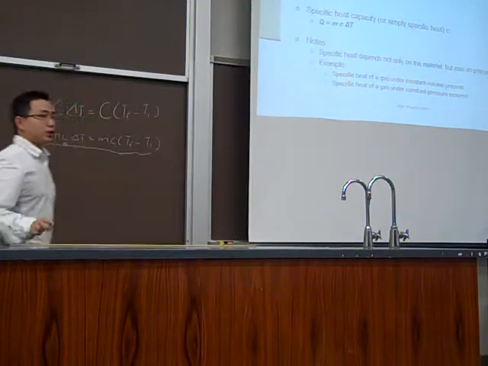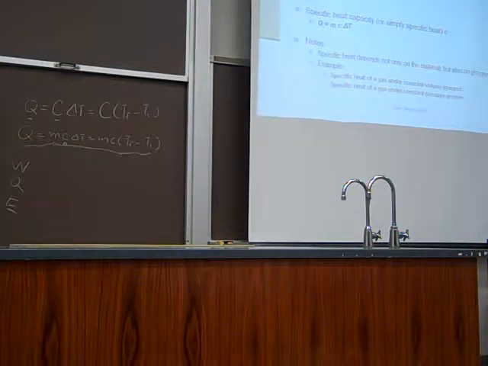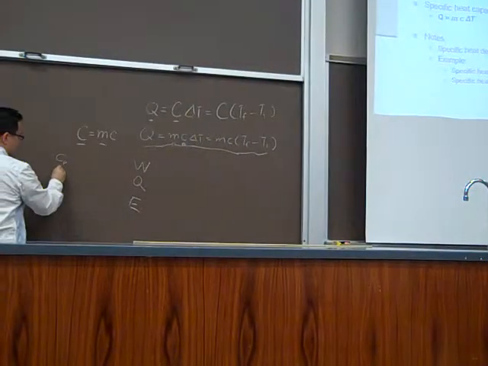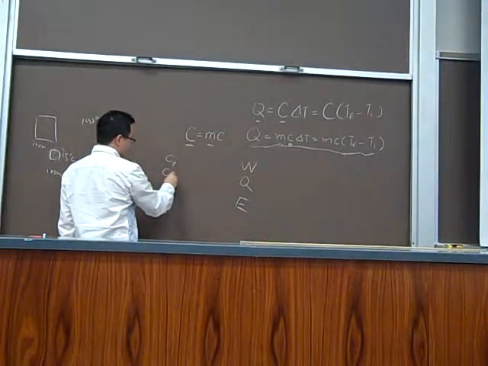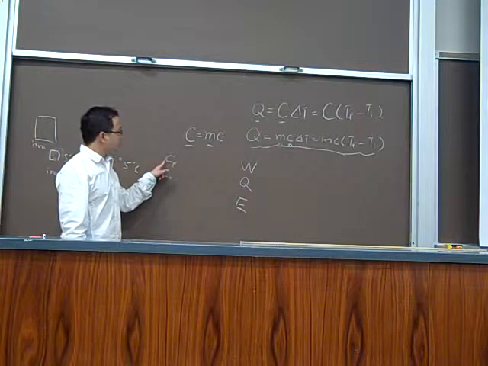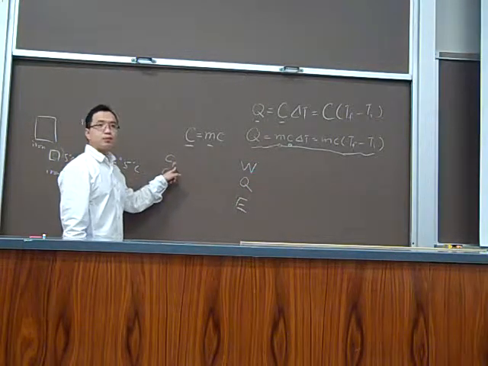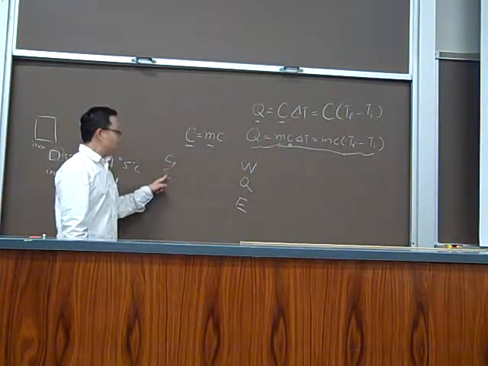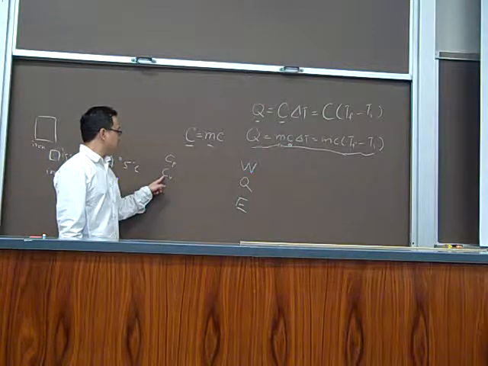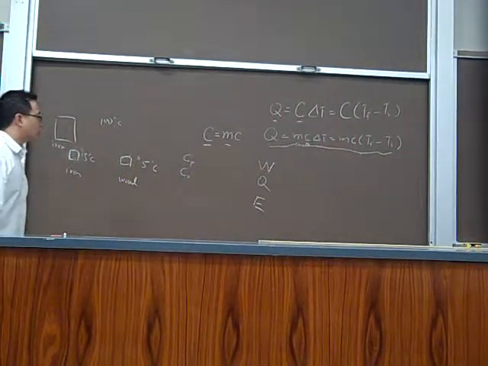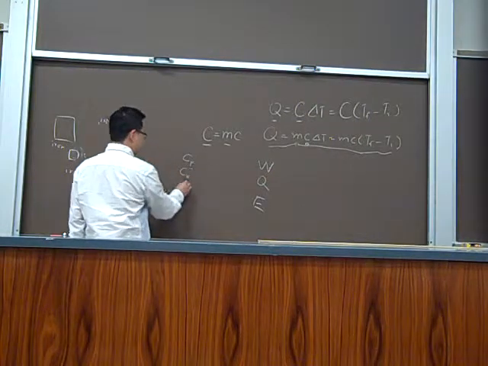To distinguish them, usually we need a subscript. So for small c of the gas, you have Cp and Cv. Cp means the specific heat for the constant pressure process, where P means constant P. Cv means the specific heat of a gas at constant volume. So for the gas, usually you need to talk about the difference between Cp and Cv.